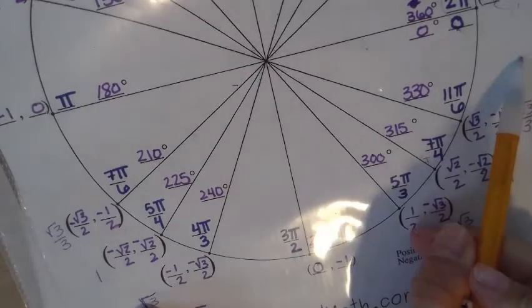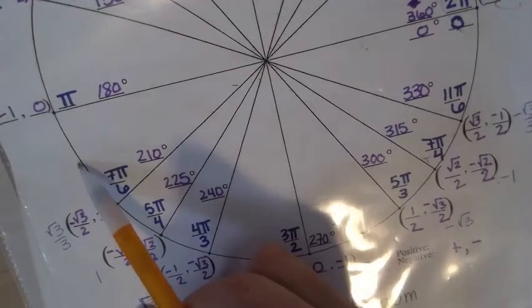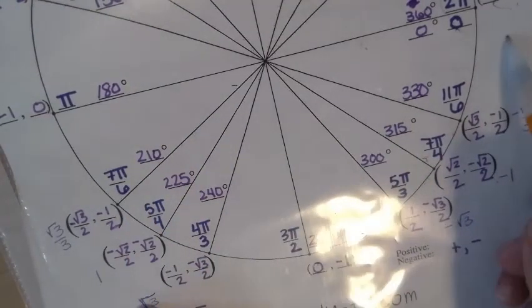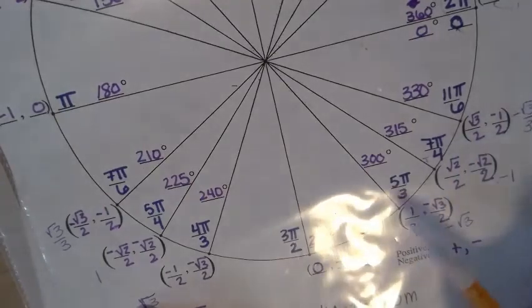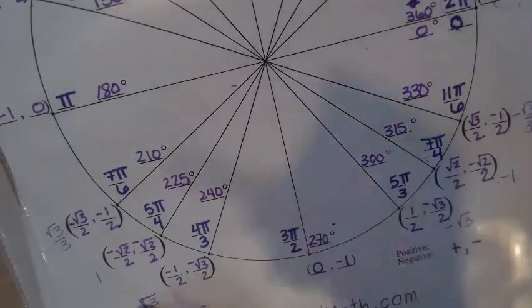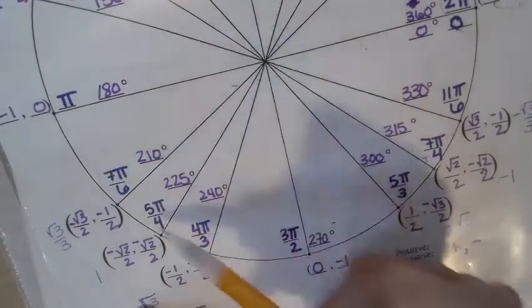Now, out of those two spots, does it make sense to have 9 pi here or 9 pi here? As you can see, it's 5, 7, 11. 9? No. 4, 5, 7, 9? Yes. So it's in the third quadrant.